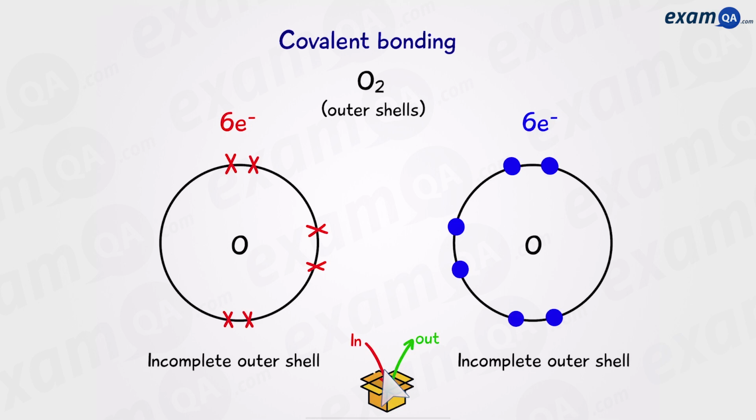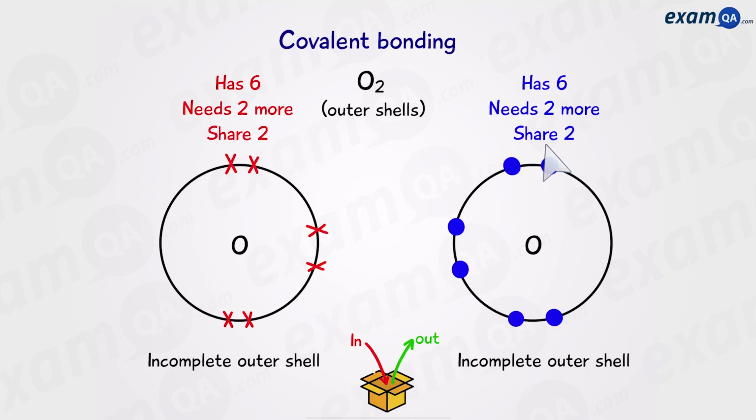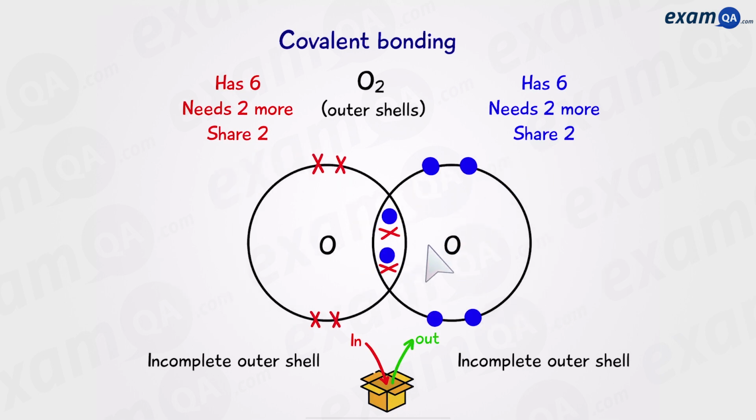And the rule with covalent bonding is that you get what you give, meaning this atom has 6 electrons, it needs 2 more to have 8 in its outer shell, and therefore it has to share 2. And the same applies to the one on the right. So they're going to come together and form a covalent bond.